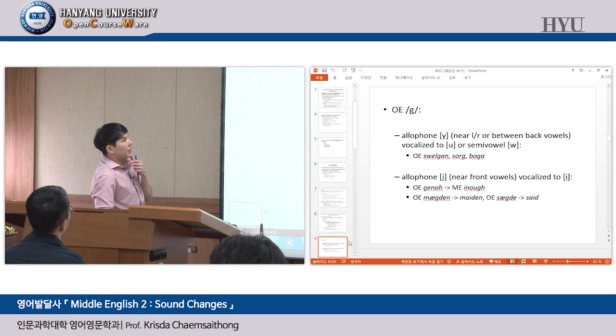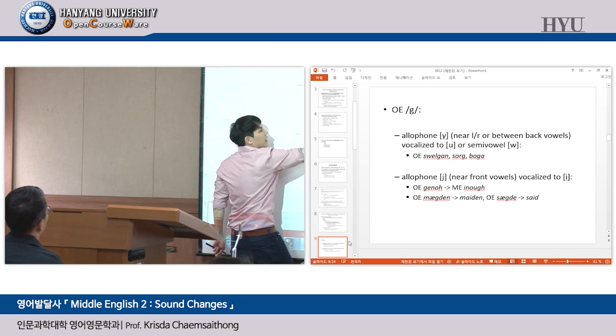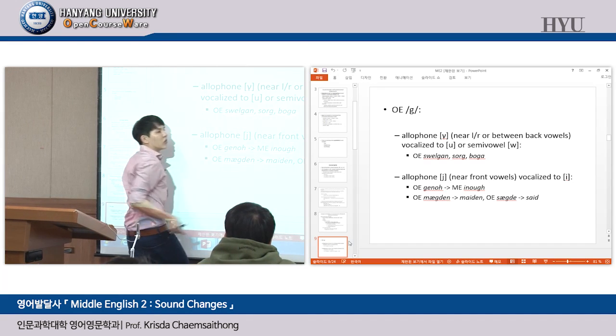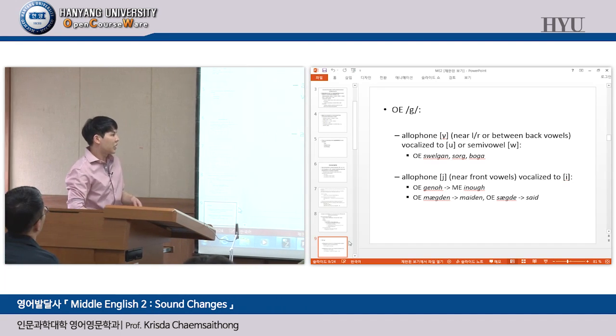So especially in this position, near L, R, or between back vowels, swelgan, sorg, boga will be vocalized, and then they became a W sound. So swelgan, swallow, sorg, sorrow, boga, bow. So everything here came to be pronounced with a W, the G in this position.